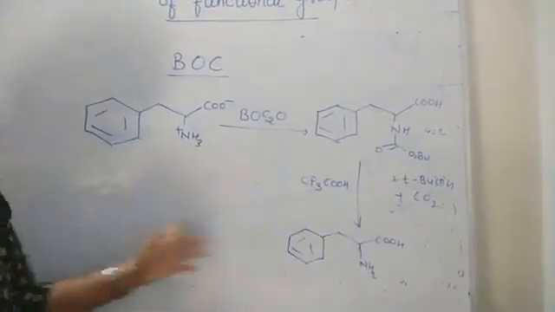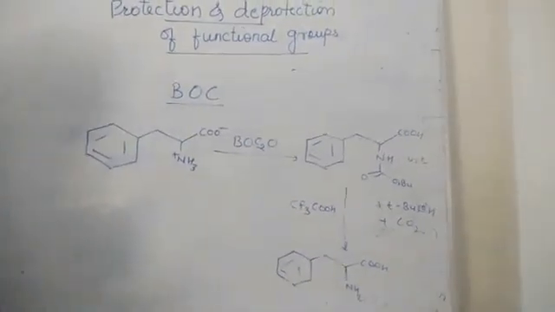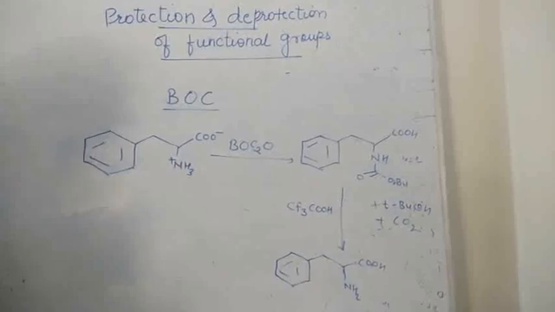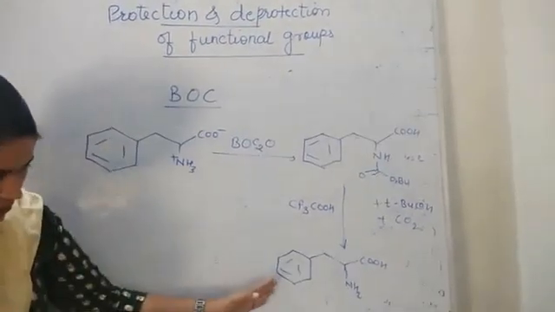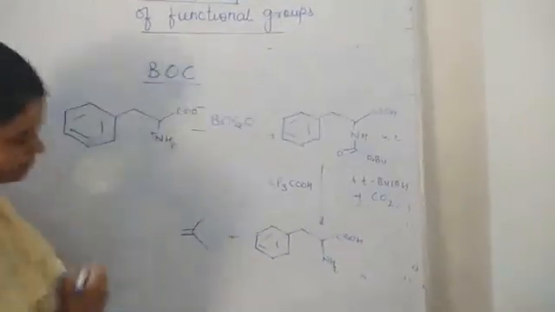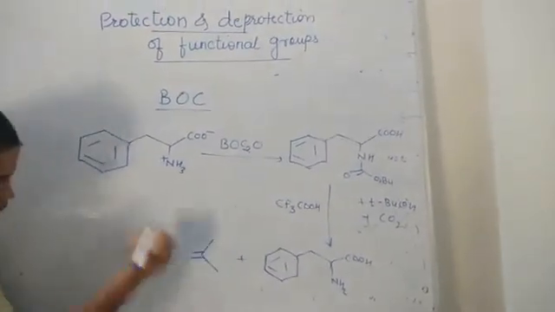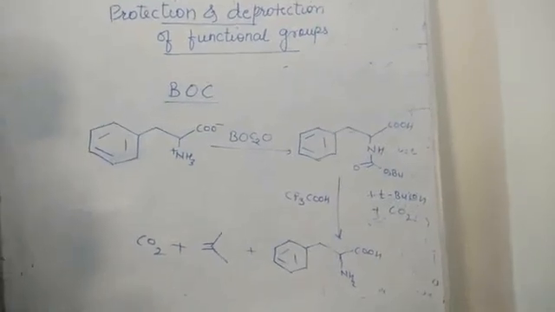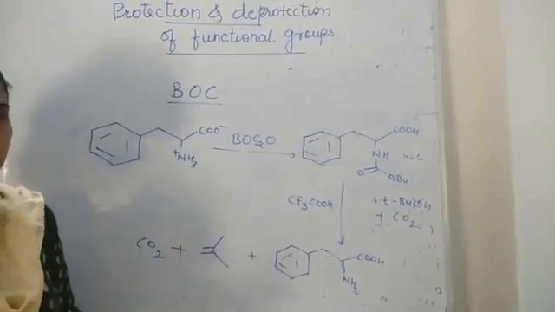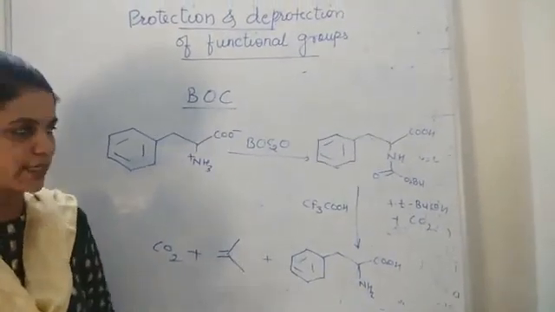Okay, so this is about the BOC, the tertiary butoxycarbonyl group, which is useful for protecting amino group. Now with this final product, here we got an acid, this type of alkene substituted compound, and CO2 are obtained. So these are the three methods by which we can protect amines, carry out different reactions, and then again deprotect them. Okay, thank you.